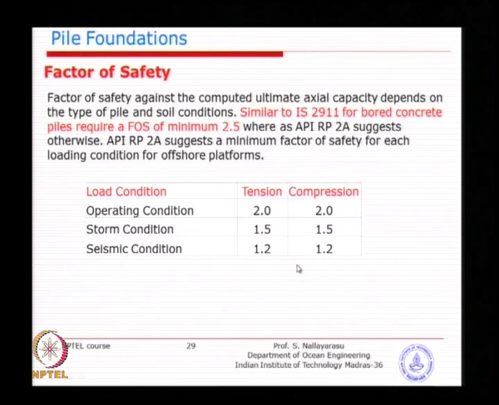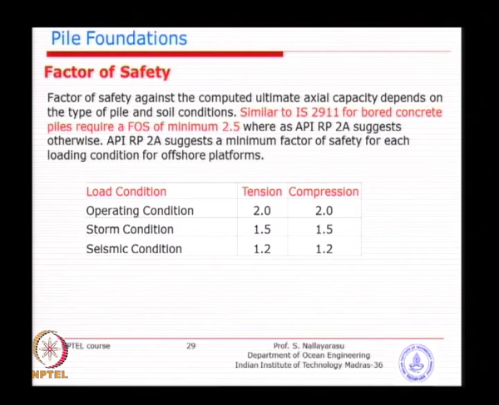Some 6 numbers, in fact 2 columns, tension and compression, both having similar capacity under operating conditions. I think we have defined this in the design courses, the operating versus storm: the conventionally occurring, frequent interval, which is the 1 year return period storm condition, is called operating. Extreme storm condition is the 100-year storm condition.